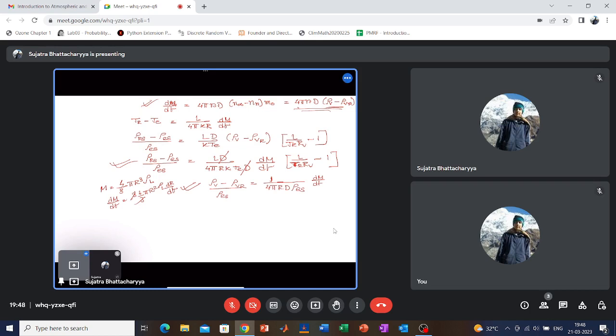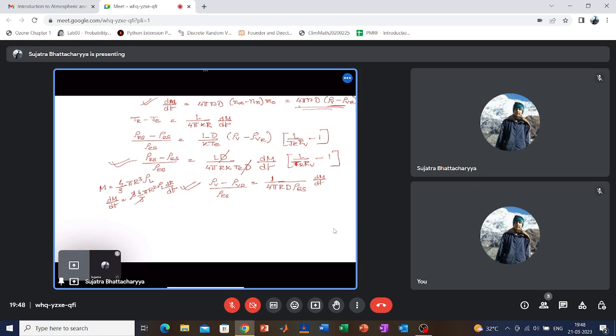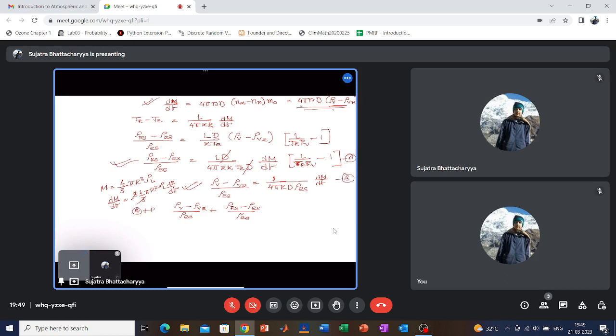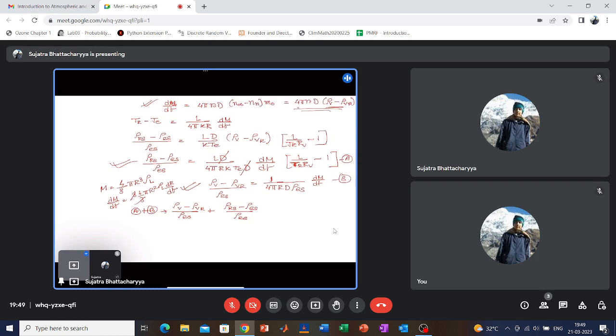but before that, another thing is there: rho V minus rho VR by rho ES, plus, if we do it in this way, minus rho ES divided by rho ES. This expression A and B I am adding, so A plus B. If we do this, then we get rho V minus rho VR plus rho RS minus rho ES divided by rho ES.